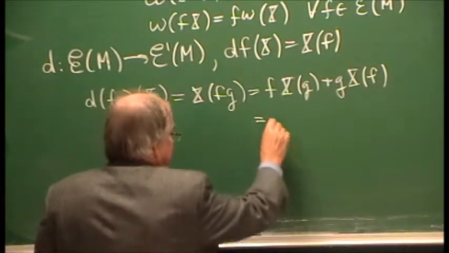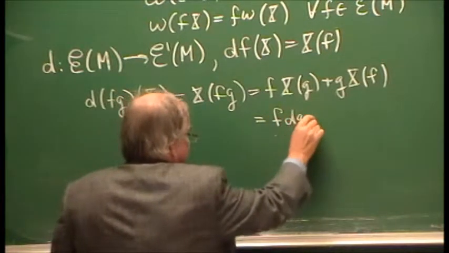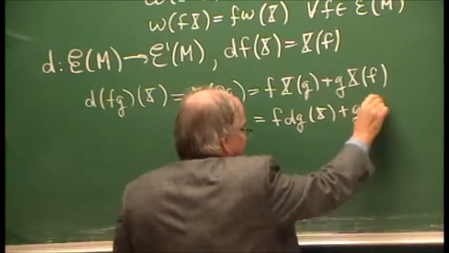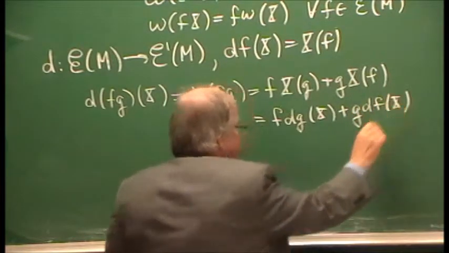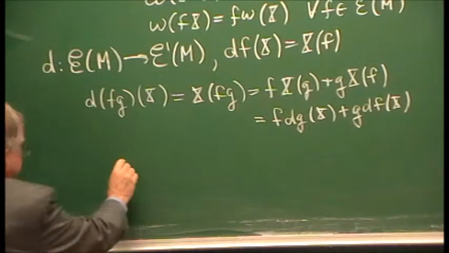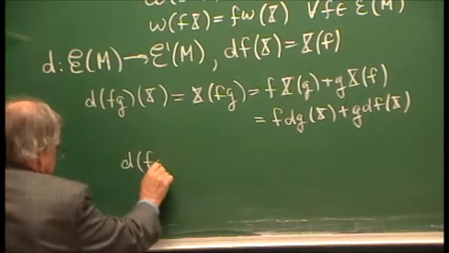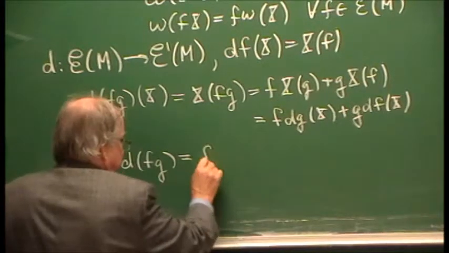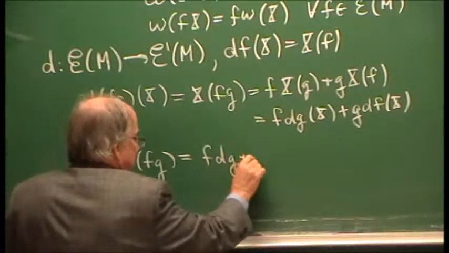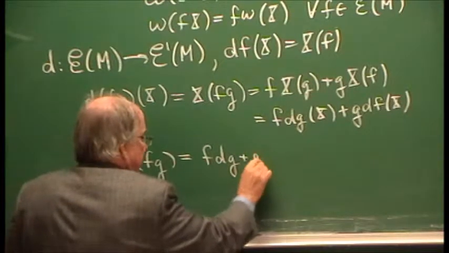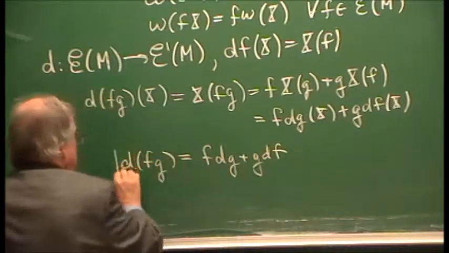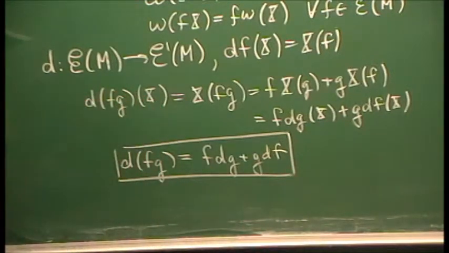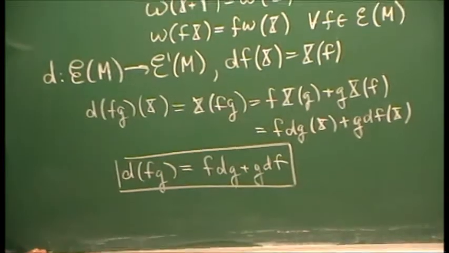This is f dg of X plus g df of X. So we prove that this operator satisfies this sort of Leibniz rule, product rule. So to do this right, this would be f dg plus g df. So in some sense that is the first step.